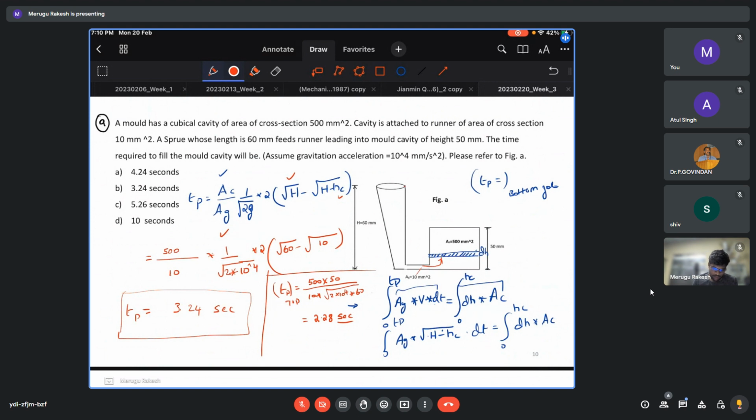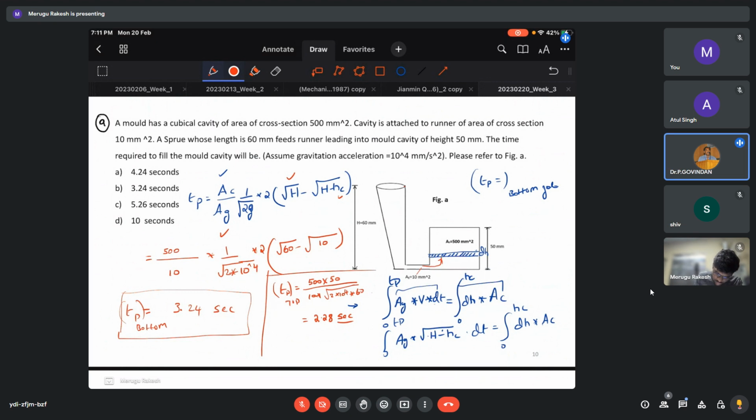If you do it for top gating, I'm getting 2.28 seconds, but in bottom gating you are getting 3.24 seconds. So it is not exactly double, just near to double.